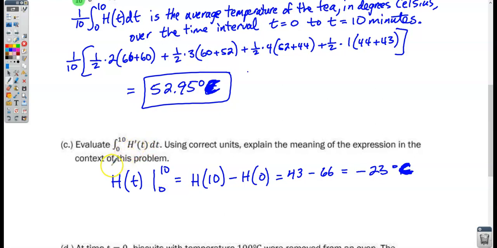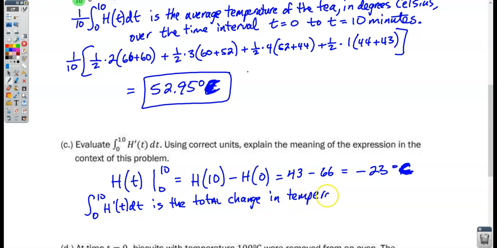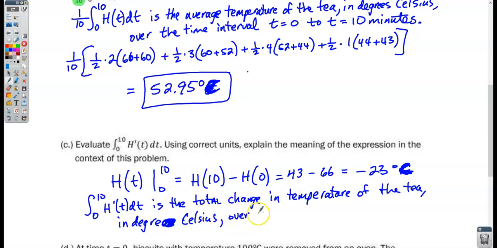So when we integrate change, we get total, and so this represents the total change in temperature of the tea, in degrees Celsius, over the time interval t equals 0 to t equals 10 minutes.